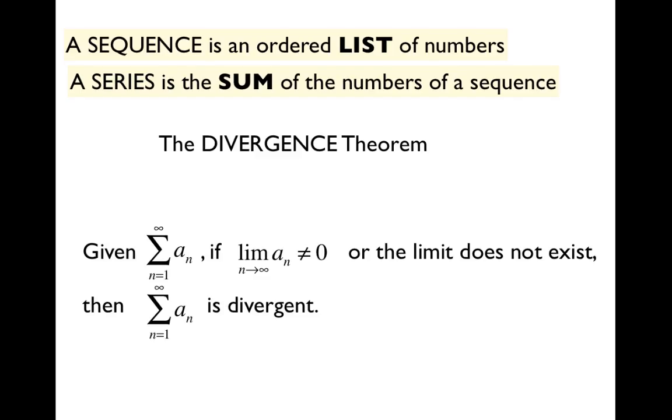So what is this? This is about analyzing the sequence to think about what the sum is going to do, right? That's what the divergence theorem is about. It's about looking at what the sequence does and to make a conclusion about what the series does. If that sequence goes to a non-zero value, or the sequence doesn't converge at all, end of story. Don't have to talk about that sum anymore.